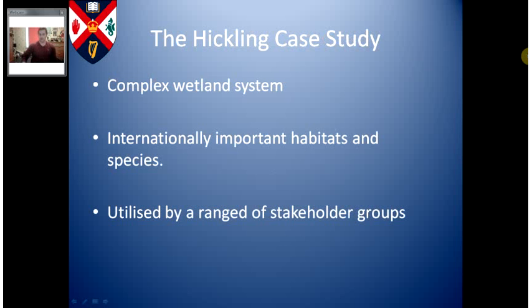The area where the Habitats Directive is implemented that we're looking at is the Hickling Broad in Norfolk. It's a complex wetland system consisting of low-lying rivers, shallow lakes, broads, marshes and fens. It's essentially a national park, however not officially in name.